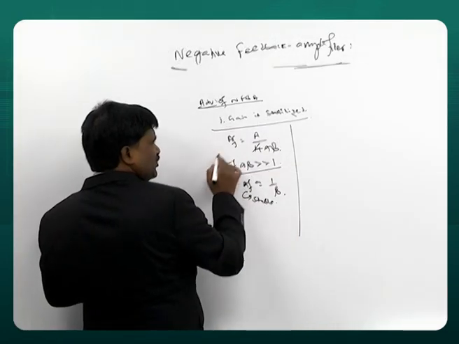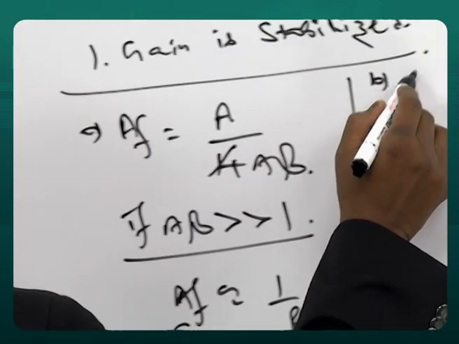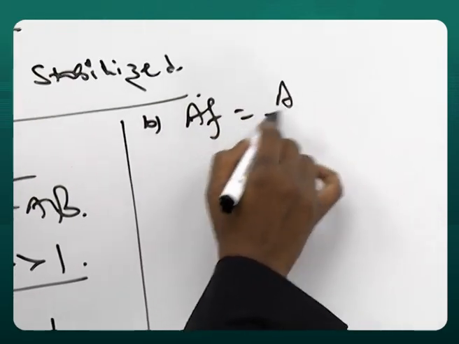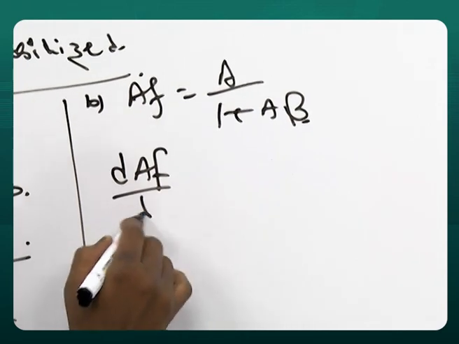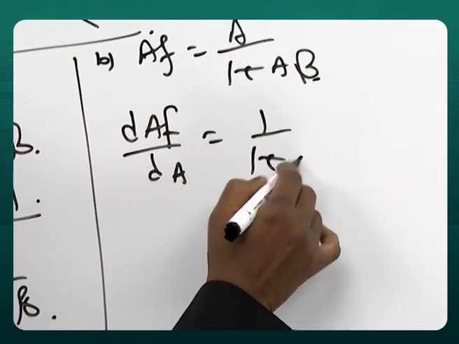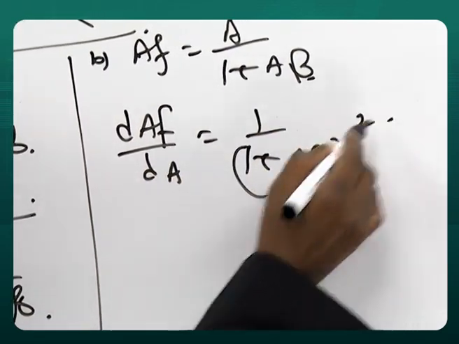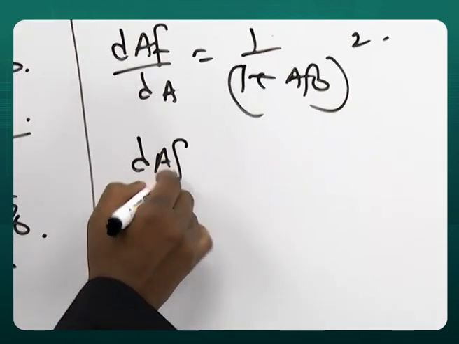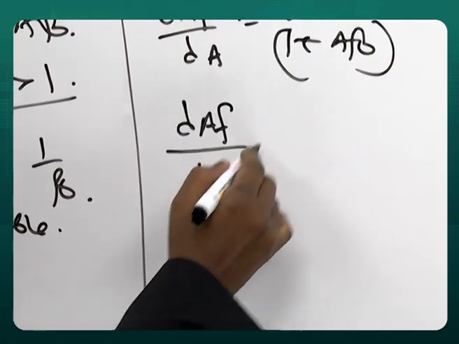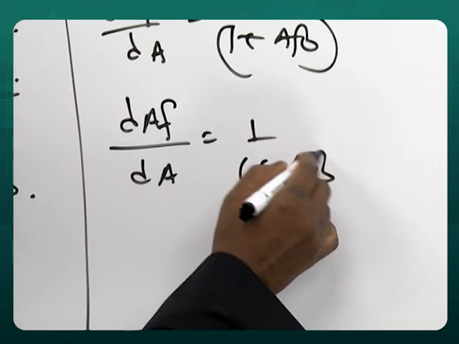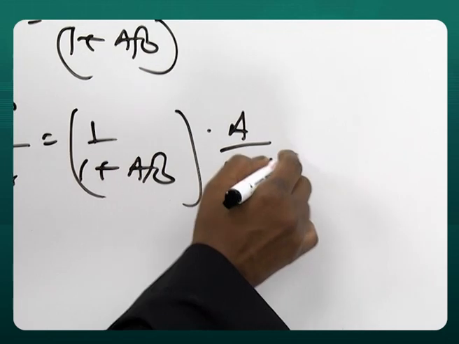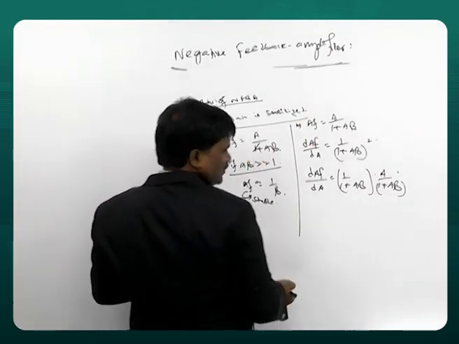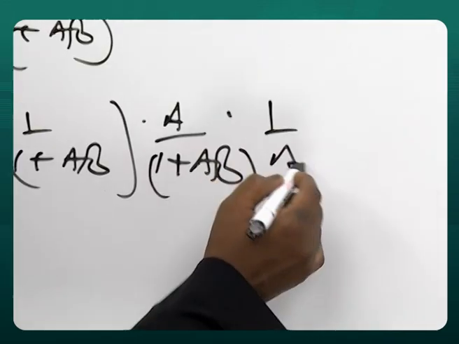That is one way to look at it. Second way is AF is A by 1 plus A beta. Differentiating, DAF by DA is 1 by 1 plus A beta whole square, which is A by 1 plus A beta times 1 by 1 plus A beta, then multiply, divide.